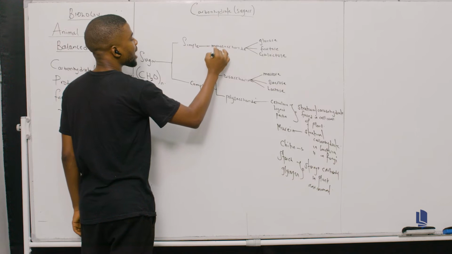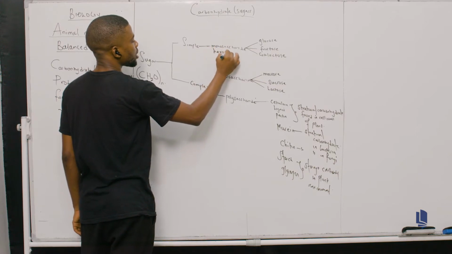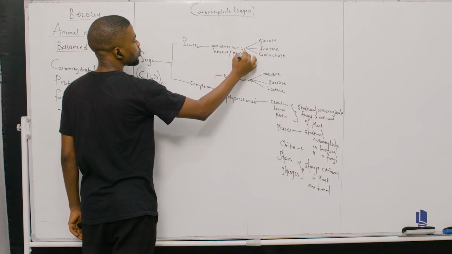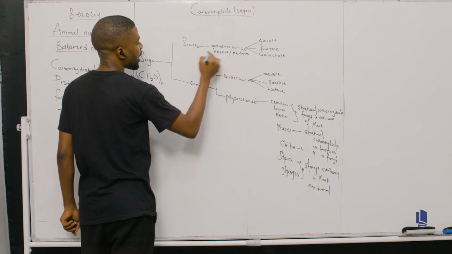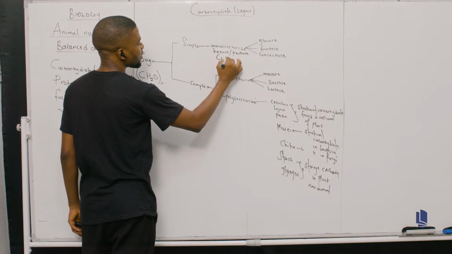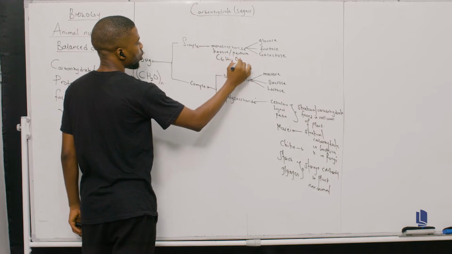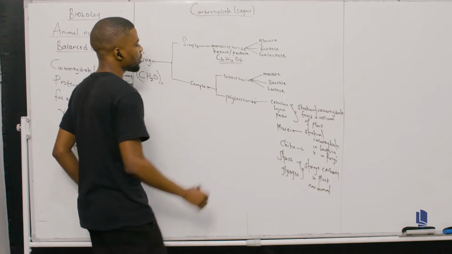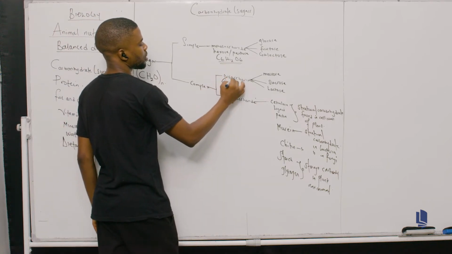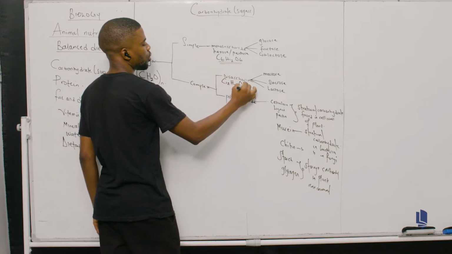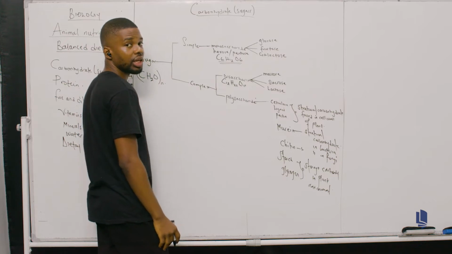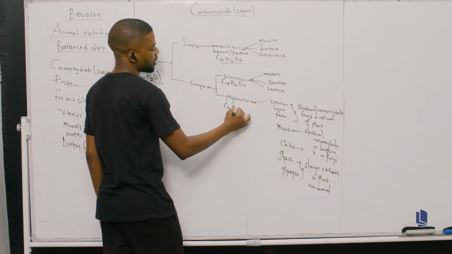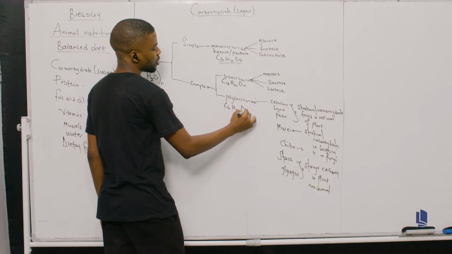The monosaccharides are hexose sugar or pentose sugar. So they put their formula to be C6H12O6. Are we together now? While the formula for this one is C12H22O11. Are we good? Then while this one is C5H10O5.